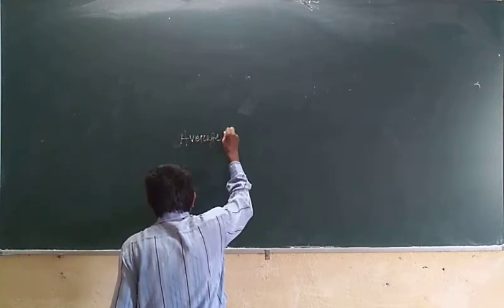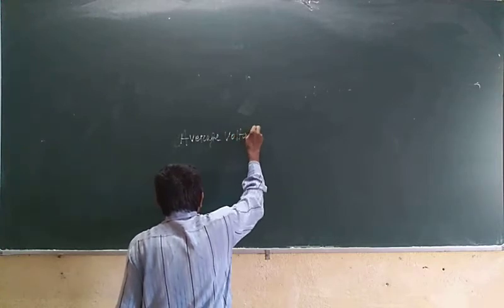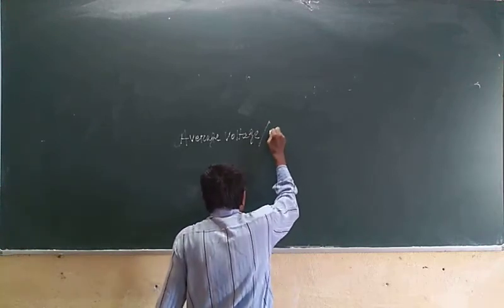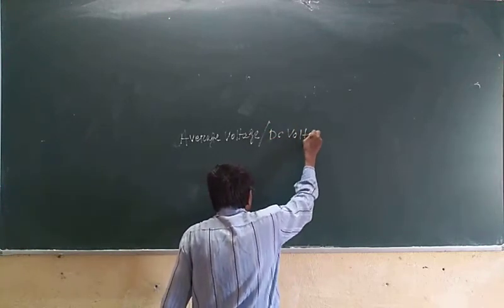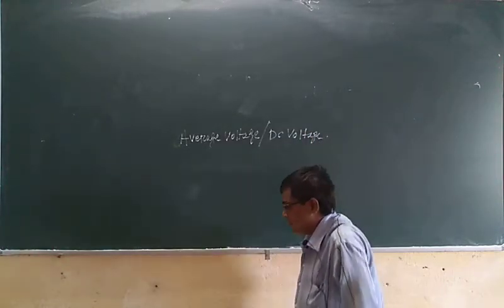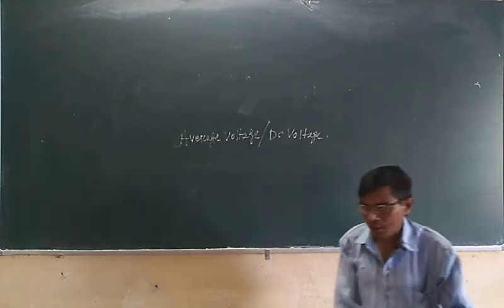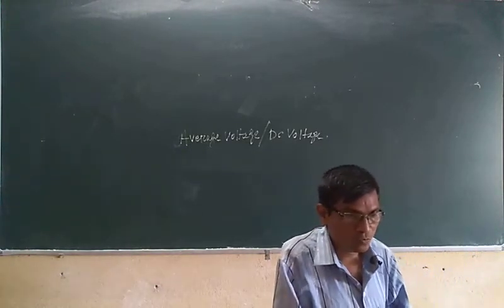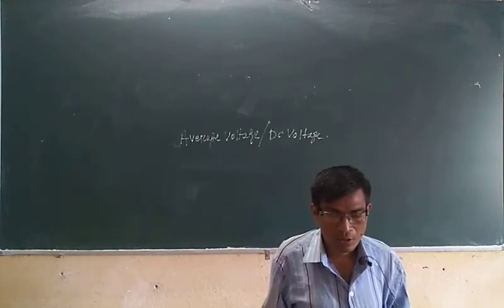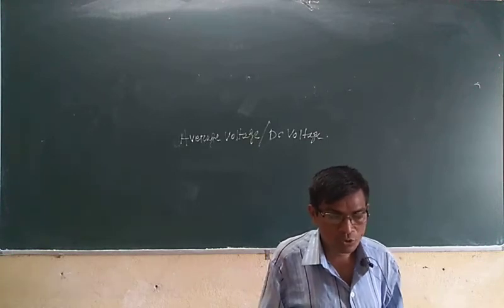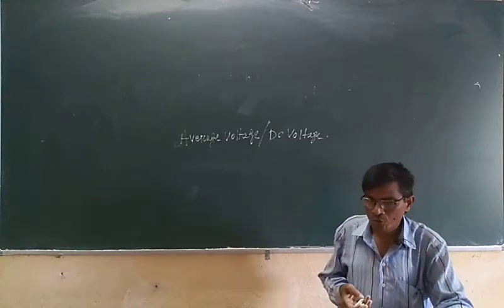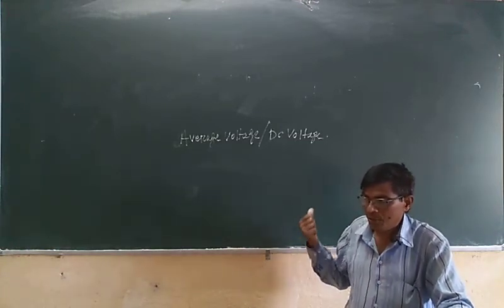Now, the meaning of average voltage or DC voltage: the output of a full wave rectifier, the current passes through the load on the output side.